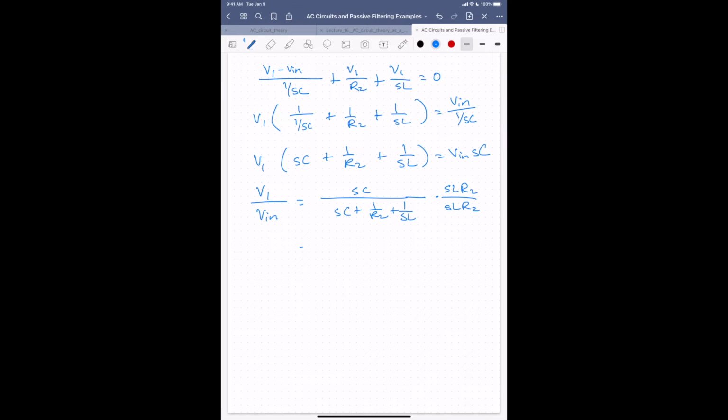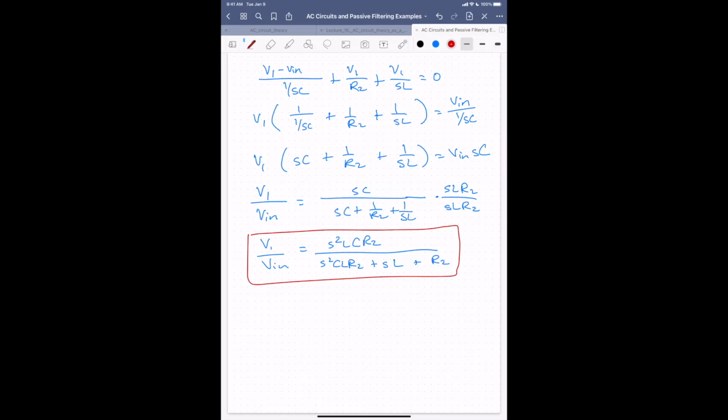And what I'll end up with is S squared LCR2 over S squared CLR2 plus SL plus R2. Okay, so that gives us a transfer function, not the one we're looking for, but it is a transfer function.